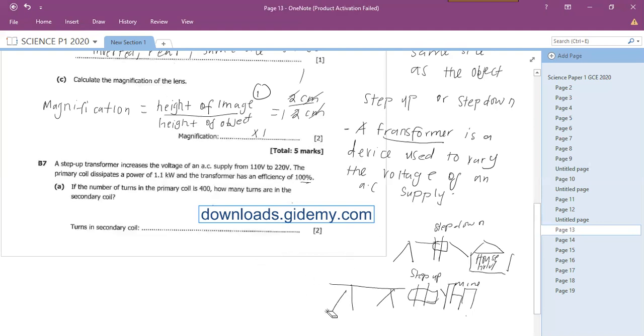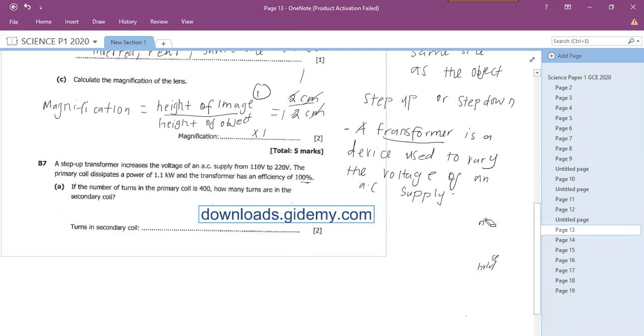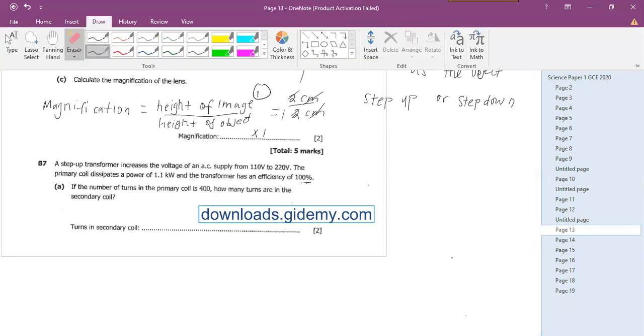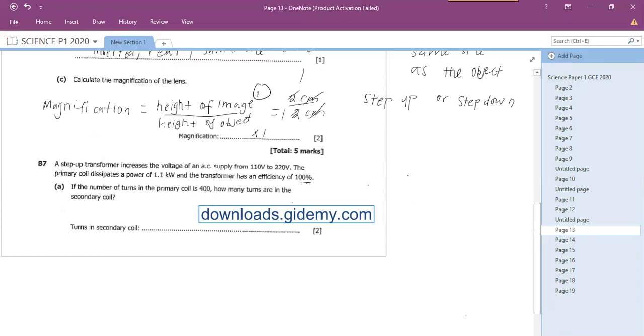So how does a transformer work? So a transformer will actually work on the principles of electromagnetism. You remember that diagram in grade 9, like a solenoid. If you know what a solenoid is, a coil with a current carrying wire, you can actually generate a lot of current. So a transformer is going to look like this. It's just a cylinder.